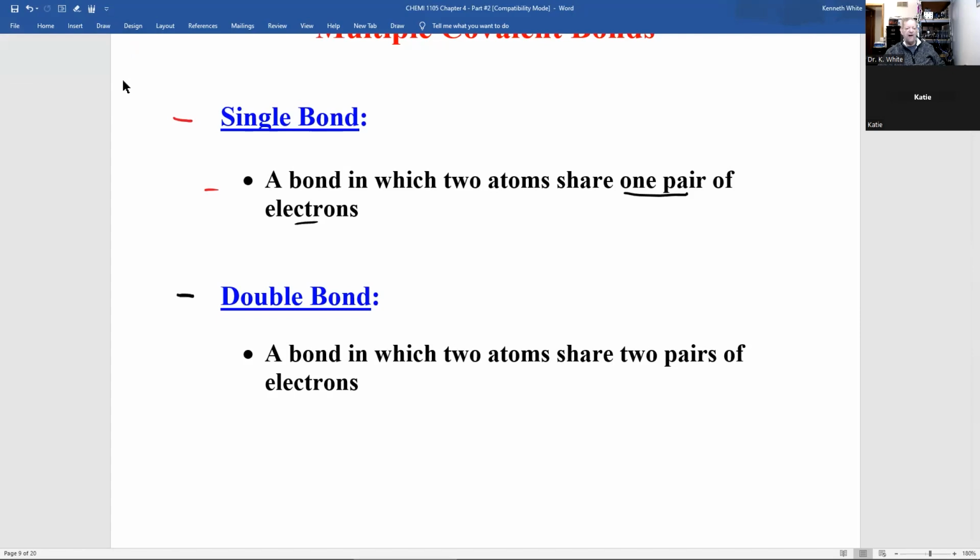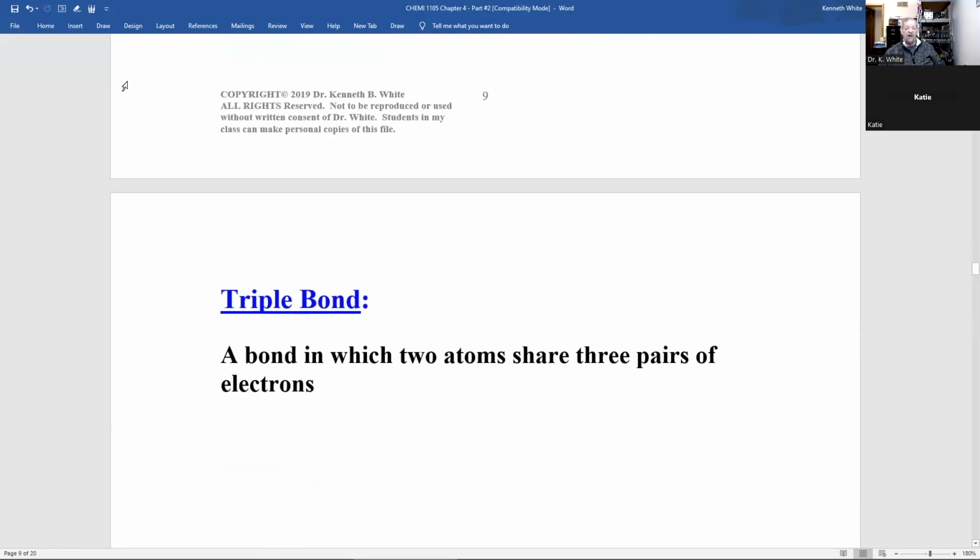A double bond is a bond in which two atoms share two pairs of electrons. And finally, you should know there exists a triple bond. And a triple bond is a bond in which two atoms share three pairs of electrons.